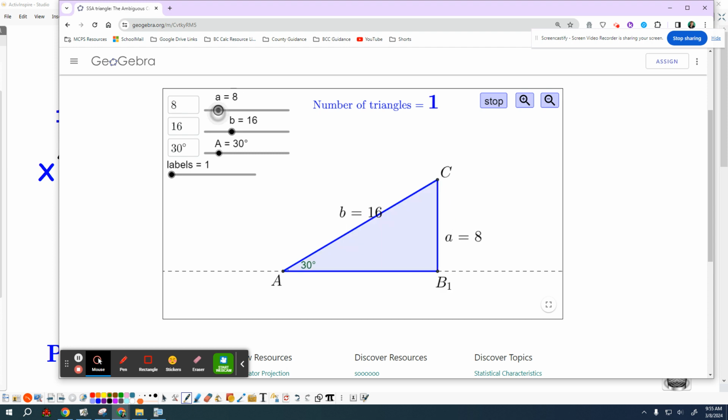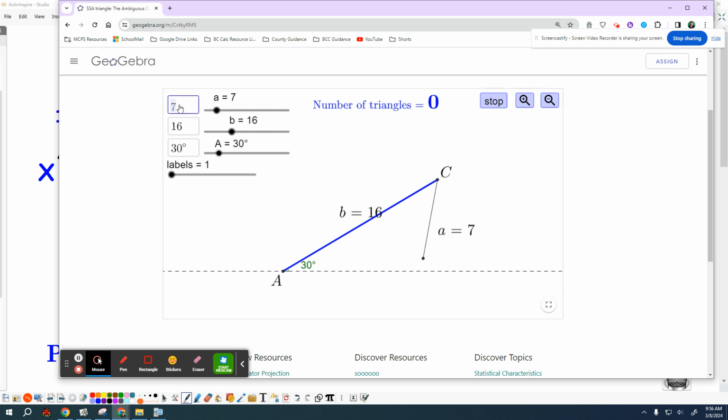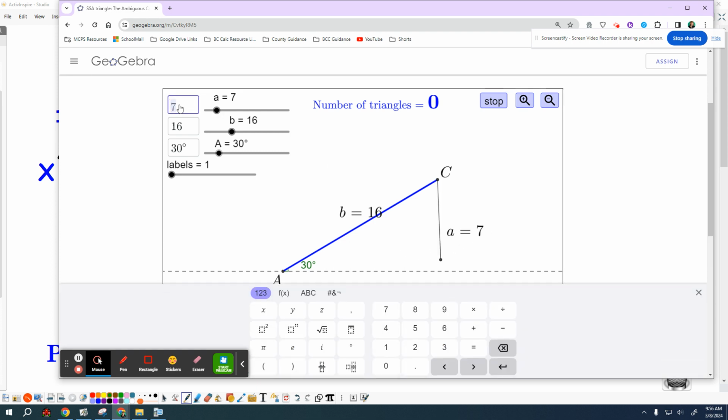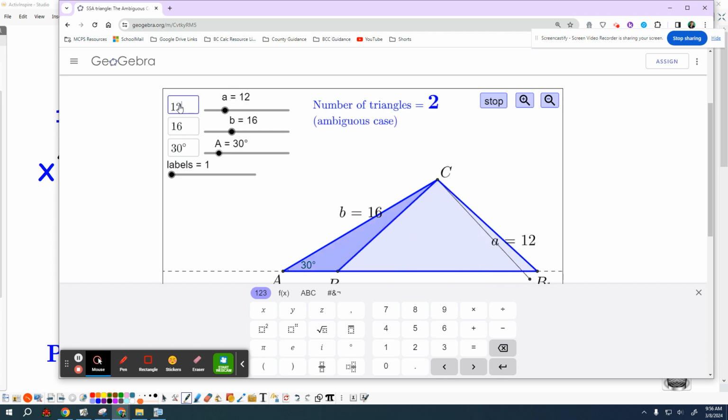I could have no triangles be able to be made, or maybe exactly one triangle, or this is the thing that's the ambiguous case. Maybe I have this skinny little triangle, or maybe I have the big, huge one over there.